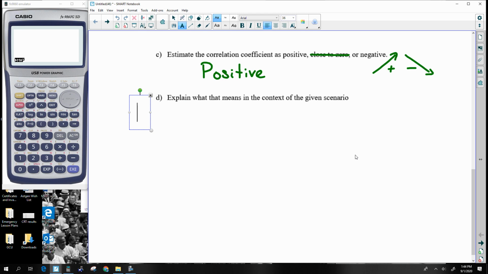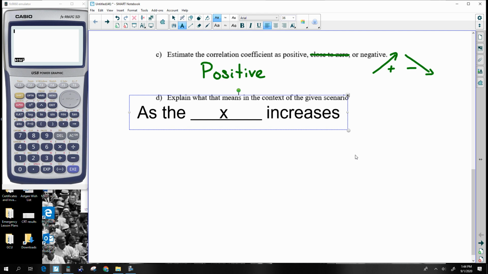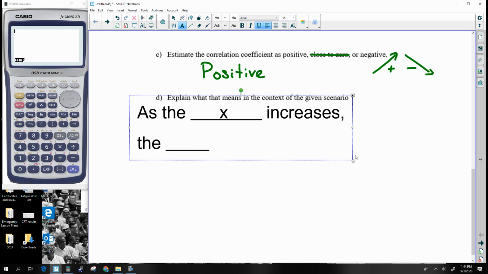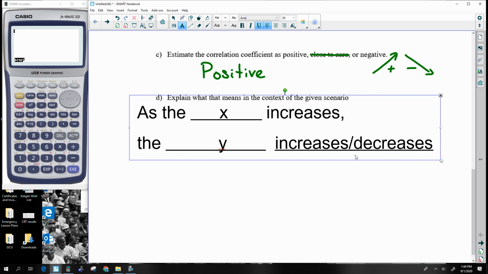It'll be something like this: as the x increases, the y increases or decreases. Okay, that is the tentative writing prompt that you need to follow.